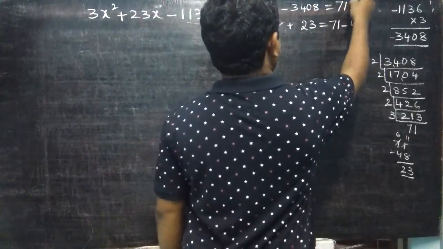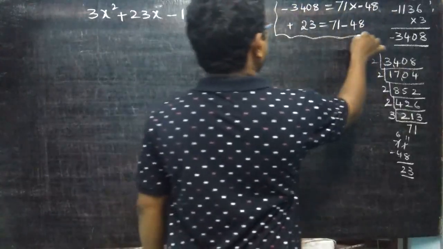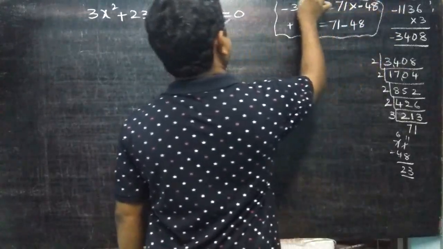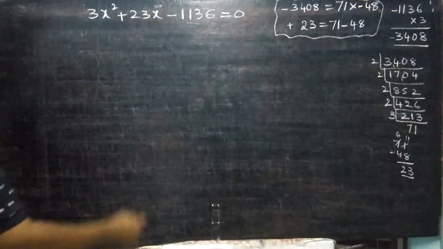When we multiply 71 into minus 48, we get minus 3408. These are the factors. You have to do like that.